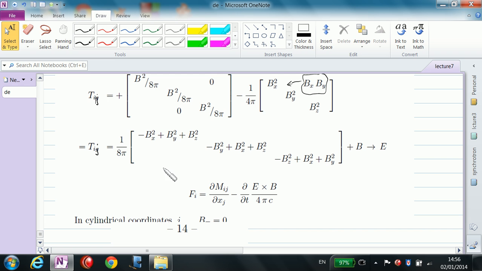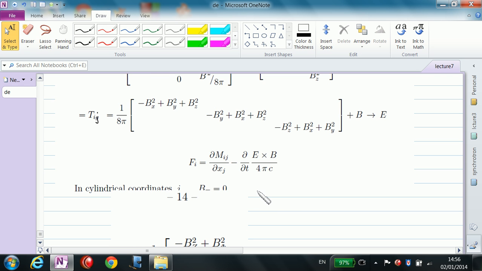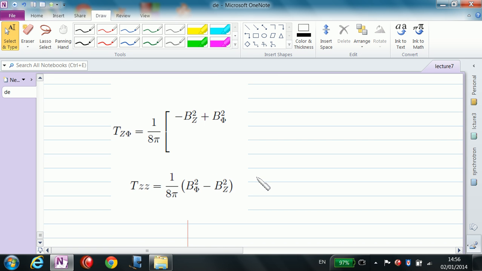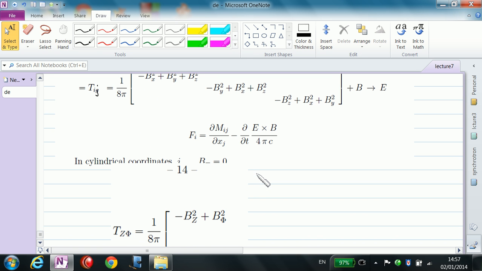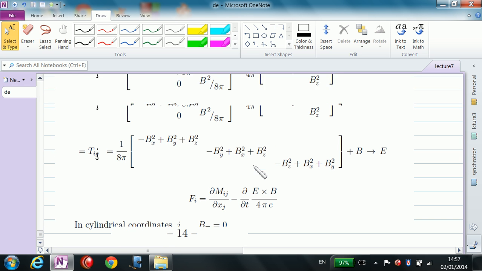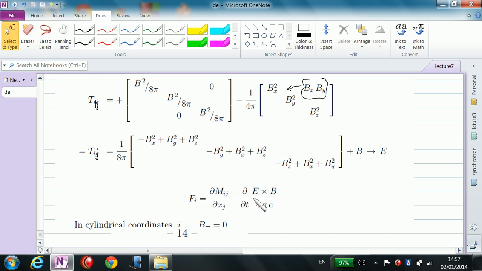And this term here is the divergence of energy flux.